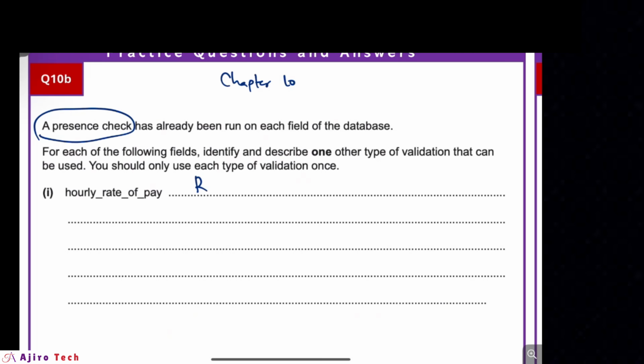Identify and describe. So range check, right?